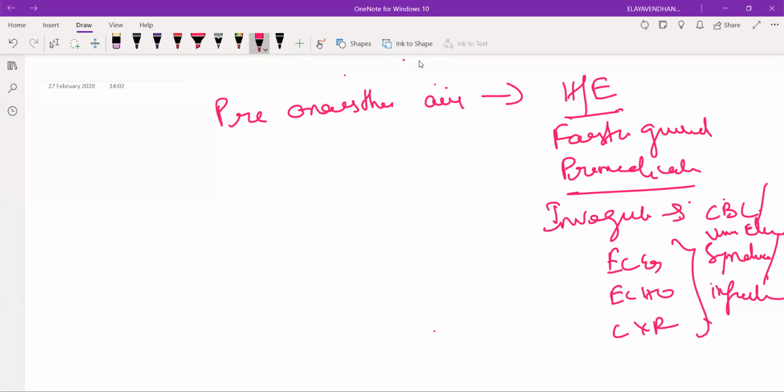If the baby is nutritionally depleted in your history and examination, you can look for serum electrolytes. Otherwise, CBC and urine examination is all that's sufficient. Serum electrolytes are needed only when the baby is clinically dehydrated or when there is a nutritional depletion. All right. Then blood grouping, typing, and cross matching.